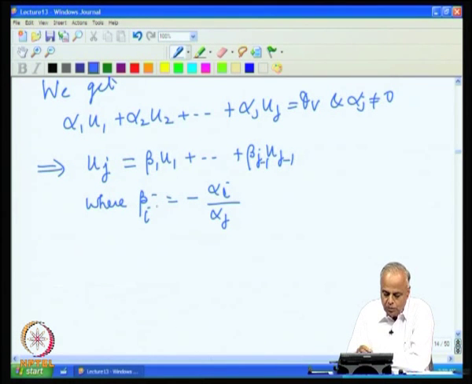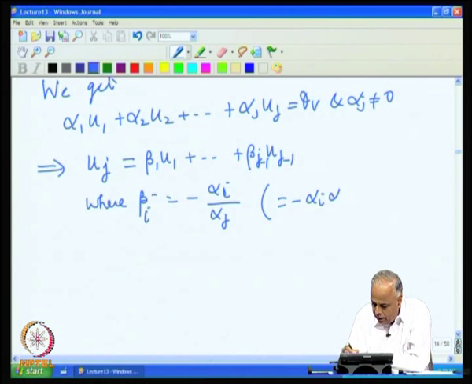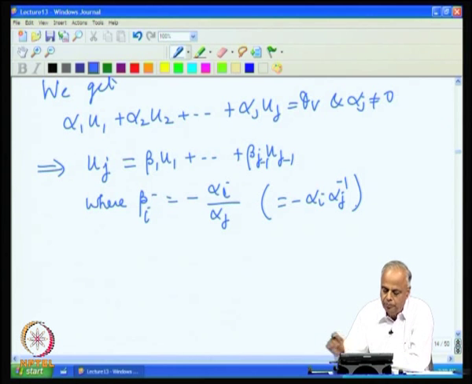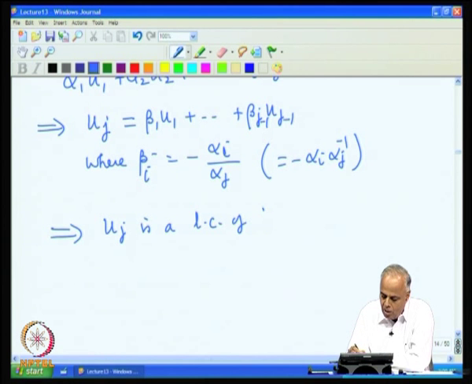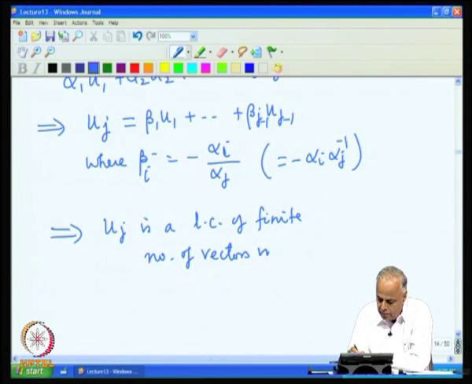And this is possible because alpha j is not 0. In a general field, division means multiplying by alpha j inverse. So, this is actually minus alpha i into alpha j inverse, the multiplicative inverse of alpha j. This means uj is a linear combination of a finite number of vectors in S.